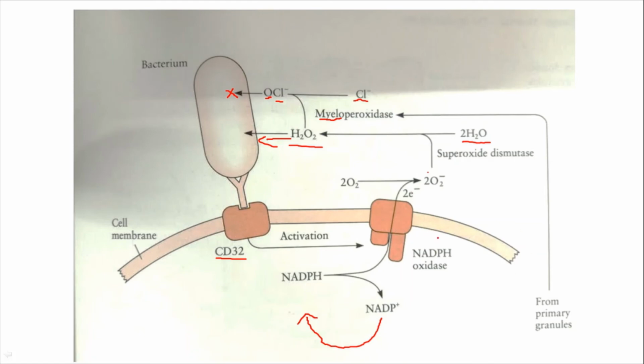So finally, we get the entirely digested product of the bacteria. So NADPH oxidase, superoxide dismutase, and myeloperoxidase: these three enzymes drive the respiratory burst of antigens in the neutrophils.